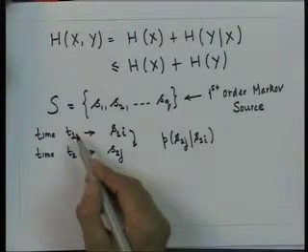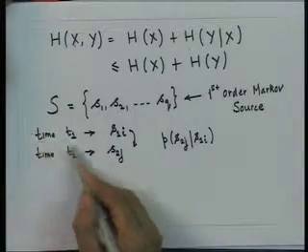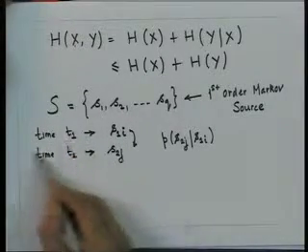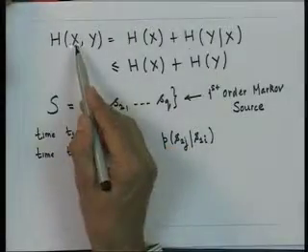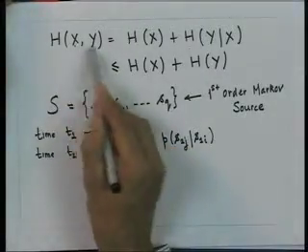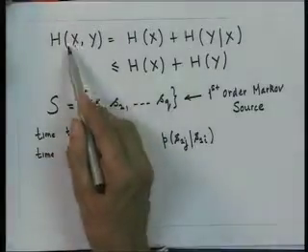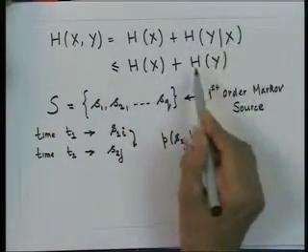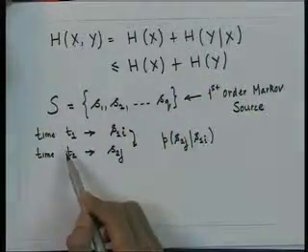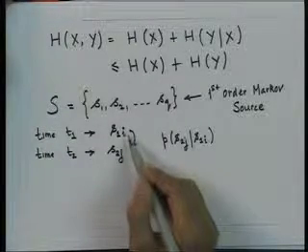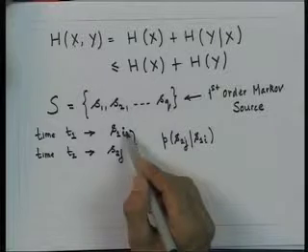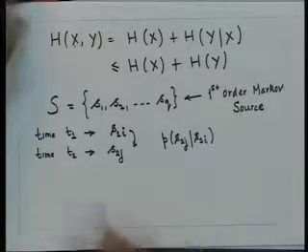Now, considering the time instants t1 and t2 as two different experiments which are related to x and y, similar to what we defined as h of y given x, we can define the additional information which I get when I transit from S1i to S2j.